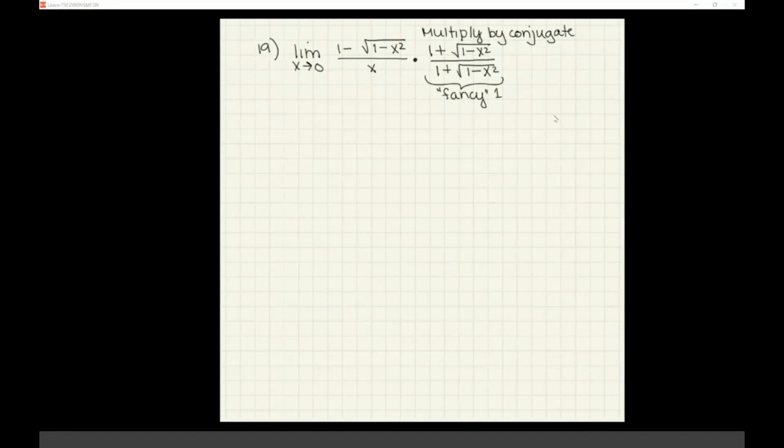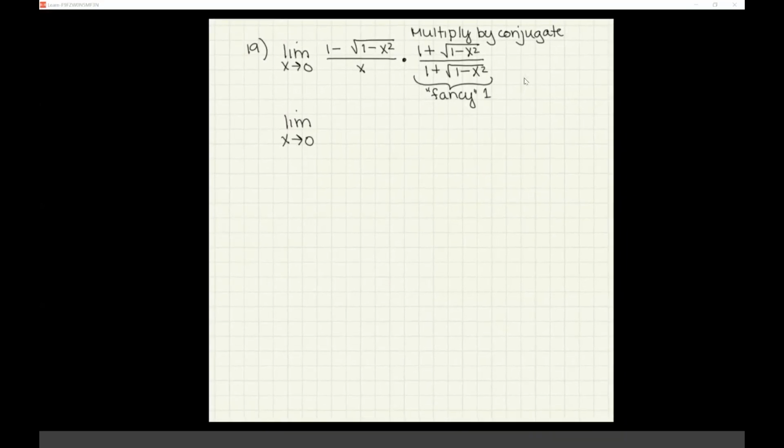Okay, so I'm going to rewrite my limit statement so I don't lose it. And then I'm going to actually multiply my two things in the numerator together. Remember, this is just like FOIL. Multiply the first terms, multiply the outside terms, multiply the inside terms, and then multiply the last terms.